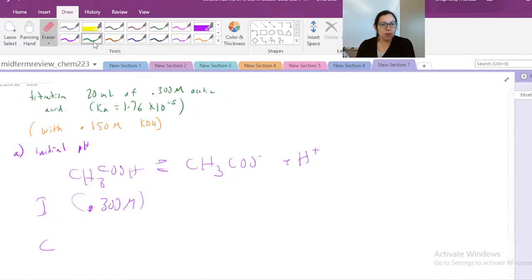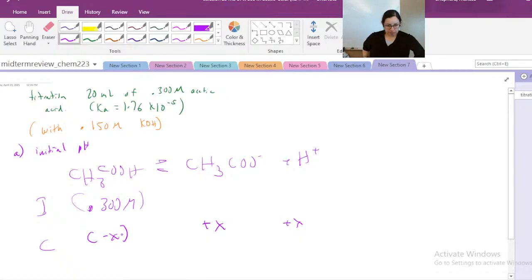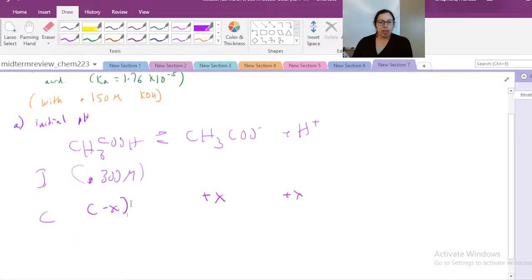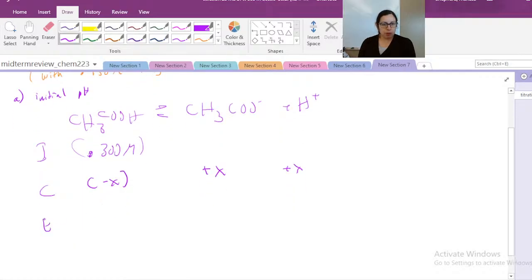Initial, just starting off with our initial concentration, and then change: plus x, and then this will be minus x. And then, of course, equilibrium: 0.3 minus x, x.